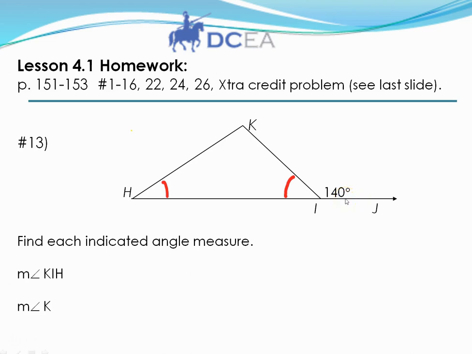If we're going to solve, we probably should solve starting with the straight angle. So the straight angle equals 180. You would take 180 minus 140, and that would make KIH equal 40 degrees.